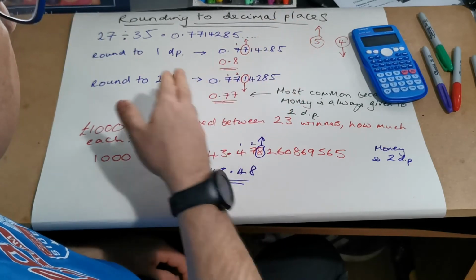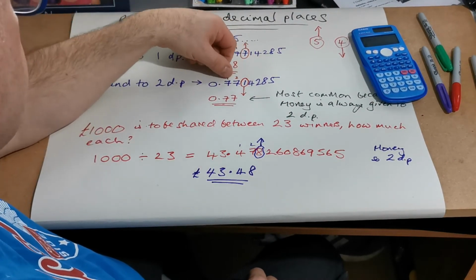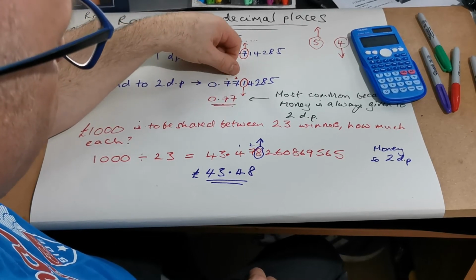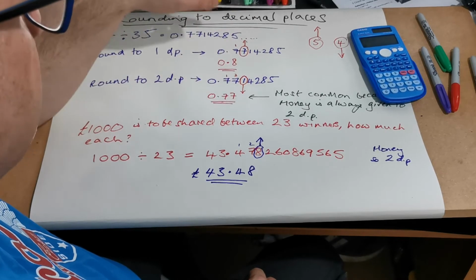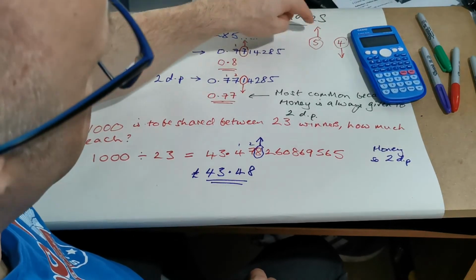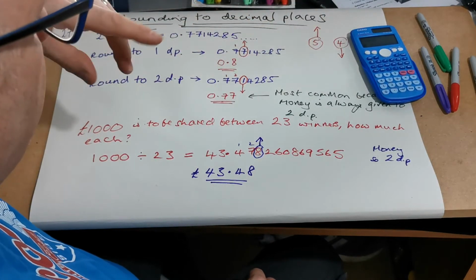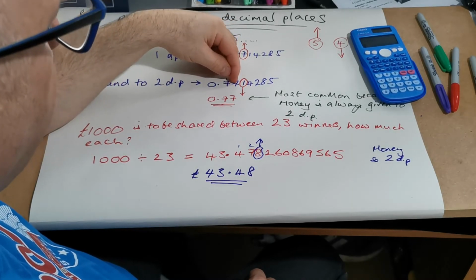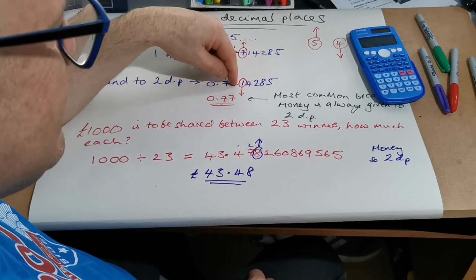But the key things about the way I like it done is I would like you to count by writing your decimal places. So two decimal places, count one first, then the second, and then circle the third. Then think about rounding up or rounding down, so 5 or above rounds up, 4 and below rounds down. Remembering rounding up changes the next figure along by 1 upwards, and rounding down leaves it the same.